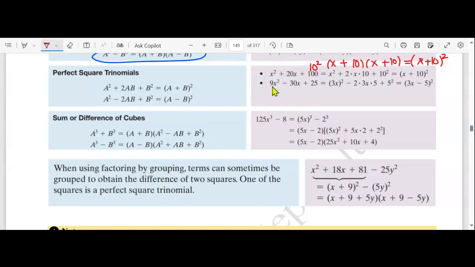What about this one? Who can tell me? What should I say here? 9. 9 is what by what? 3 times 3, right? And 25 is what by what? 5 times 5. And we have x here.